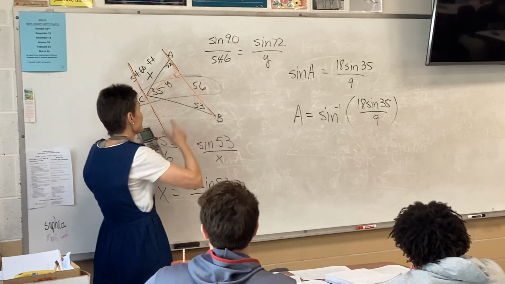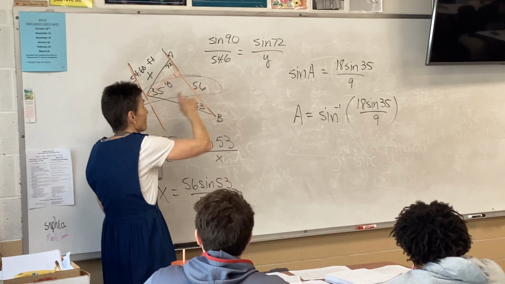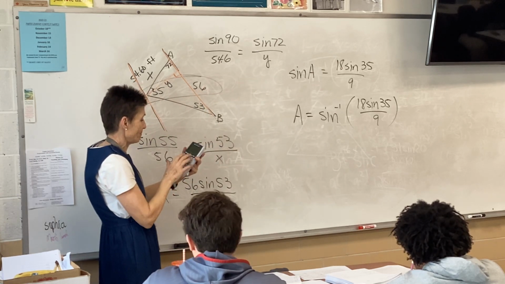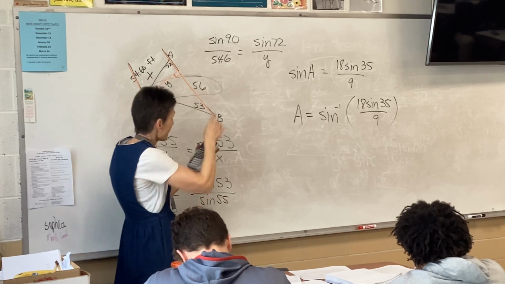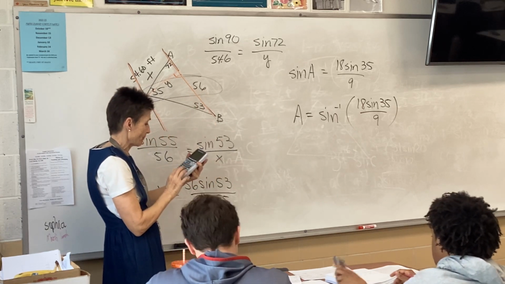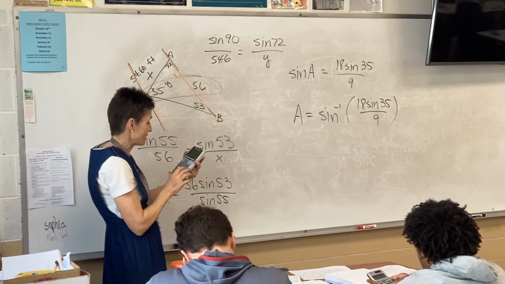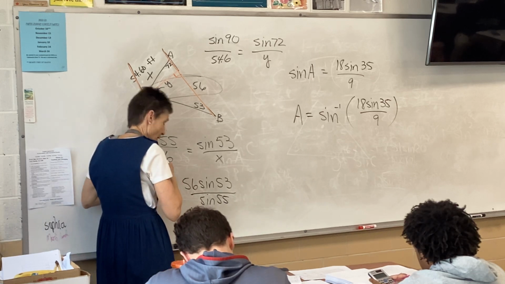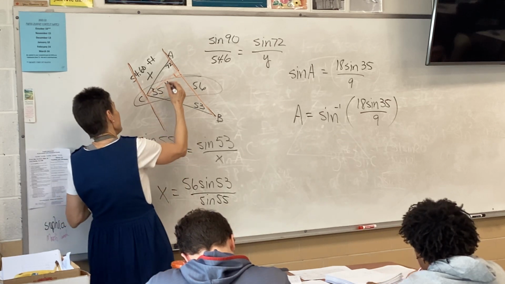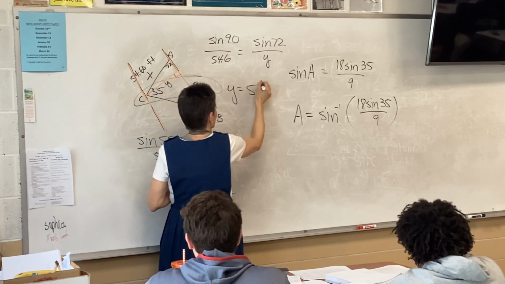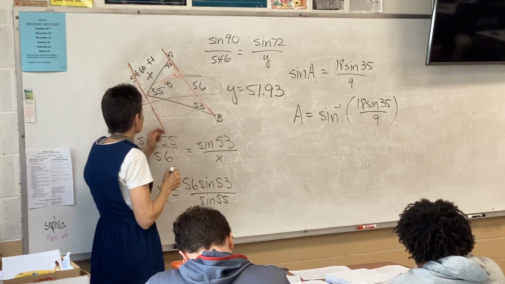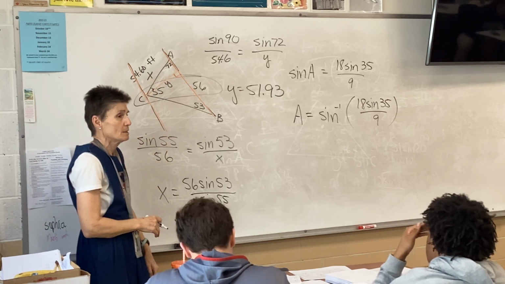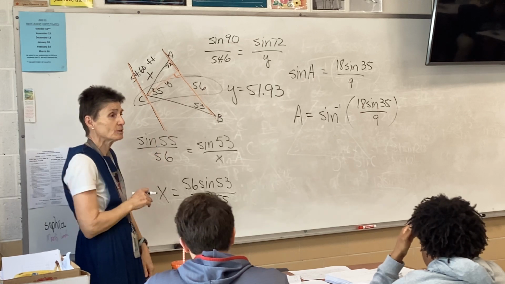And since this was the last thing I typed in on my calculator, what if I just used my answer button times sine 72 and divided that by sine 90, which is just 1. And that way I don't have any round off there. 51.93. So instead of typing in the 54.6, I just used what was on my calculator to keep my accuracy as much as I could. Lucy?